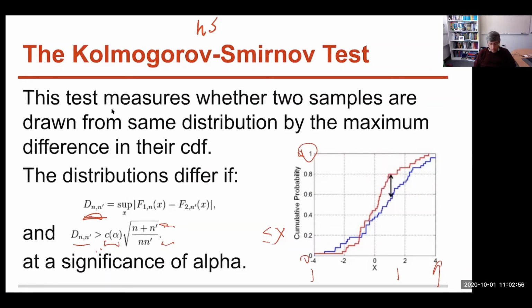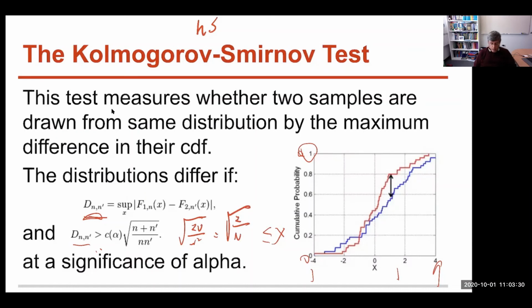Okay? What is this saying if we read this a little more closely? Let's say that n, the number of samples on each side, is about the same. This is going to be something like the square root of 2n over n squared. What is that going to be? That's something like the square root of 2 over n.